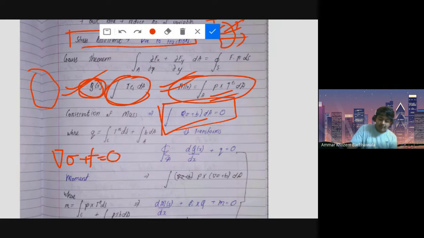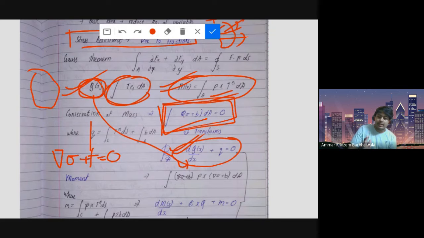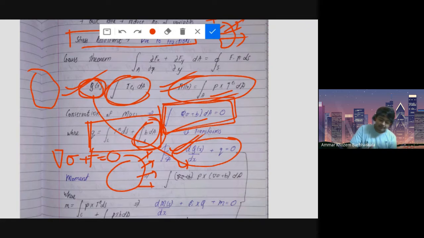By applying the Gauss divergence theorem, the derivation is in the notes, but I don't think it's important, and integrating, what we get is that the derivative of q of x, the force at a face, plus q is equal to zero, for each and every x. Here q is the integral of the traction acting over the boundary, and b is for the body forces, all the body forces which might be acting on the area.